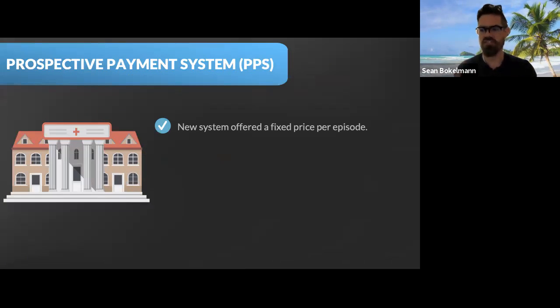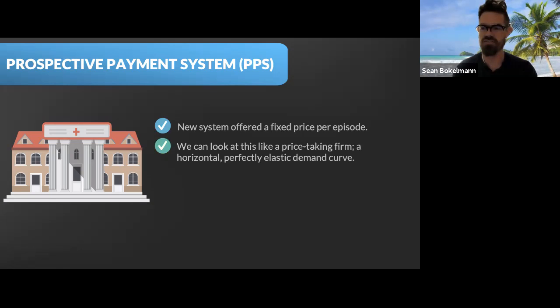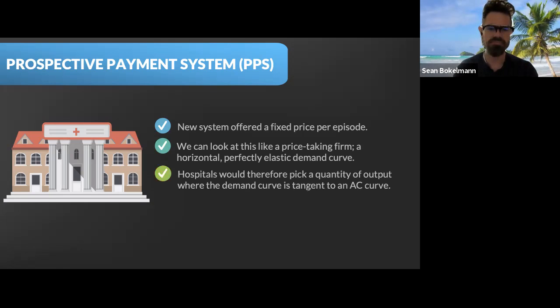And so since it's a fixed price, we can kind of look at this like a price-taking firm with a horizontal demand curve, right? A perfectly elastic demand curve. They can sell as much hospital care as they want at that fixed price, right? And so what this means ultimately is that the hospital is going to choose to provide a quantity of services where this horizontal demand curve is tangent to their average cost curve.